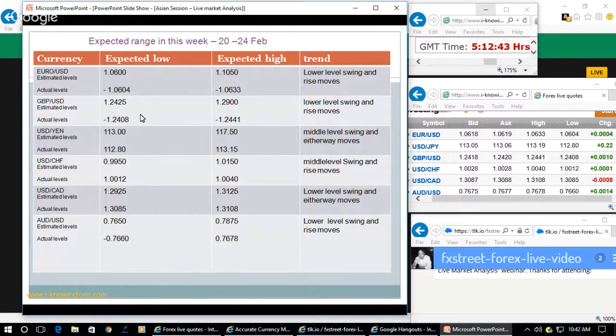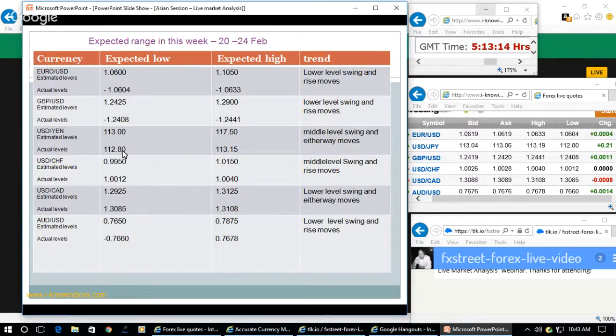And in the case of GBP, it could swing from 1.2428 to 1.29 level, and it has formed the low at 1.2408 and is holding it around 1.241921, and they are likely to breach the high and go above slowly during the day. But they will make swings, mainly to misguide the traders on the downside.